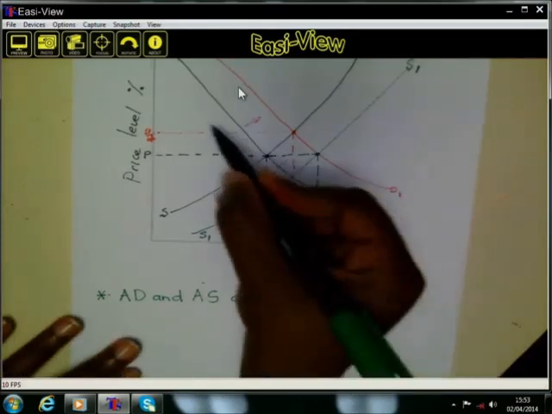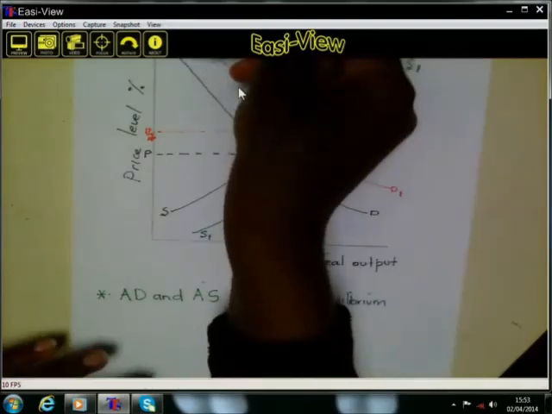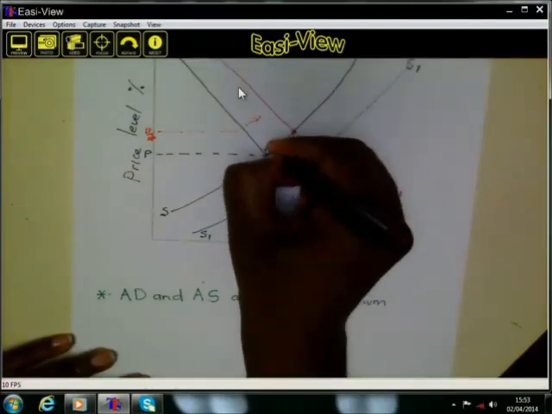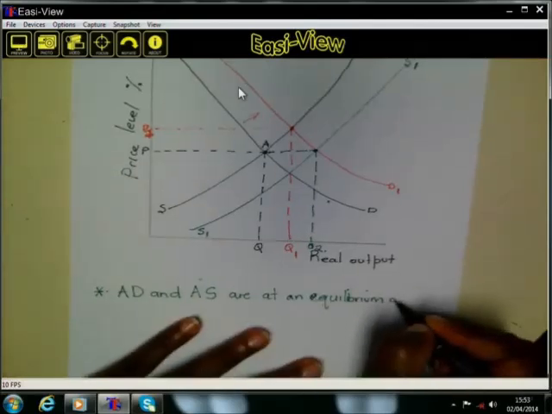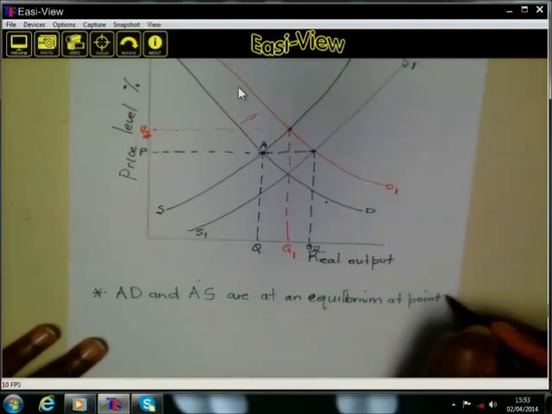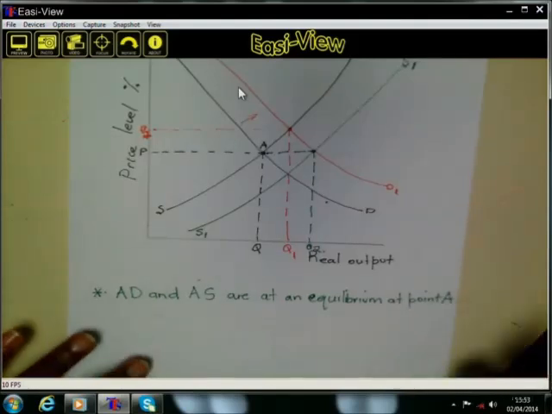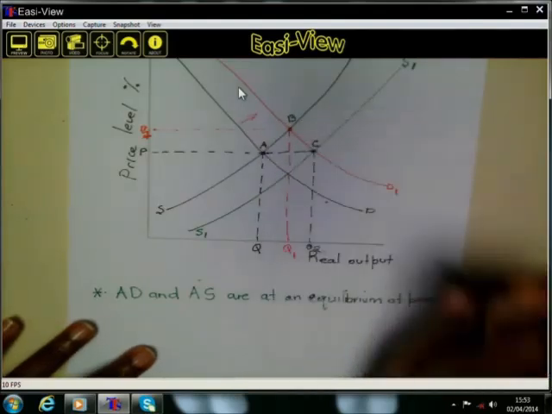Where is that? When we were drawing the first one, where curves D and S meet, this is equilibrium at point A. Now let's see, this is B, this is C. All right then.